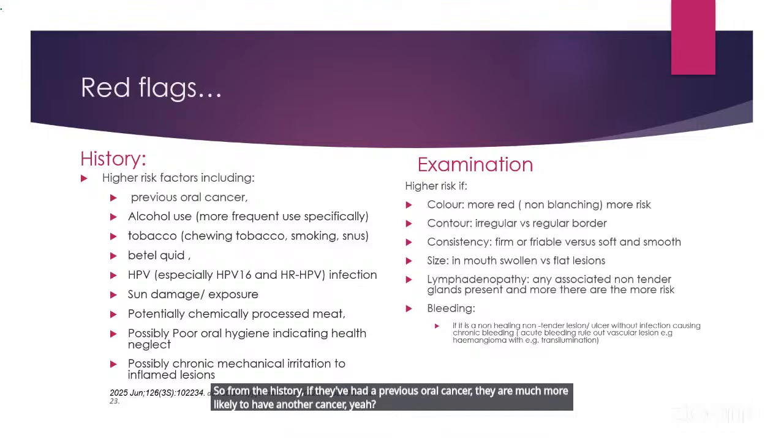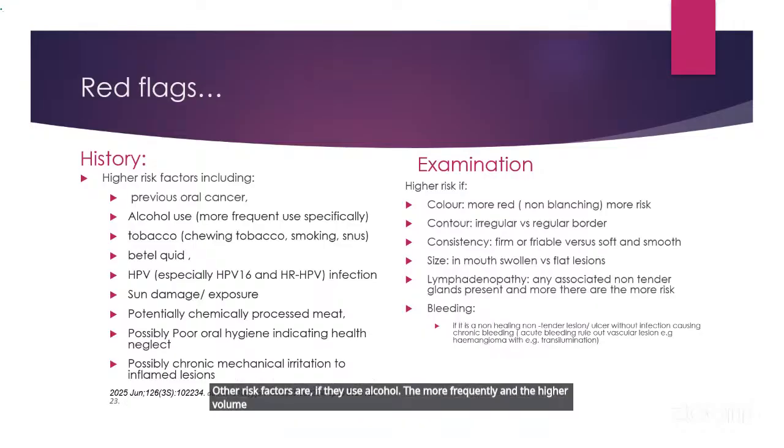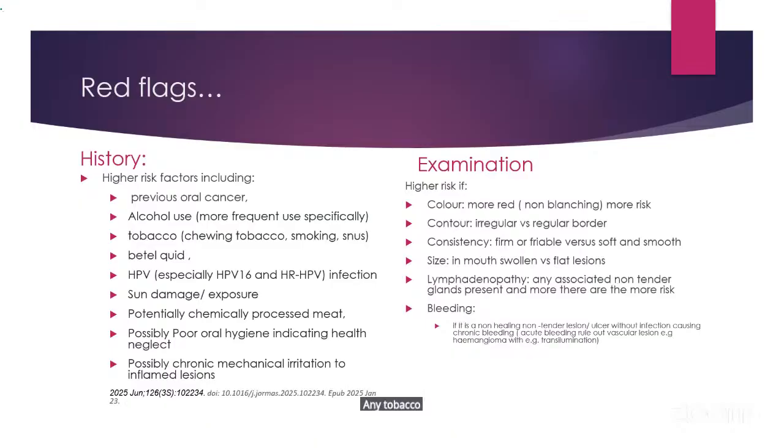Other risk factors are if they use alcohol. The more frequently and the higher volume they use alcohol, the higher likelihood there is of an oral cancer. Any tobacco use, whether it's chewing, such as Niswar, which I'm told in Afghanistan is a common practice, smoking, or snus, where you can get tea bags of tobacco.